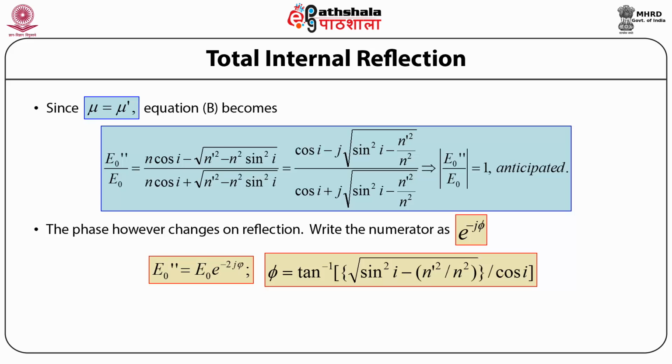And from this equation, phi can be written as tan inverse of under root of sine square angle of incidence minus square of the refractive index of medium 2 divided by square of the refractive index of medium 1, whole divided by cos of angle of incidence.